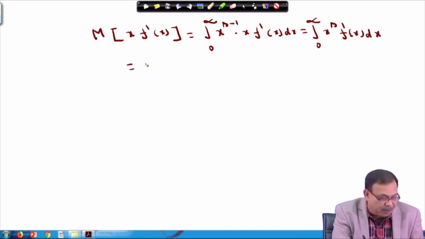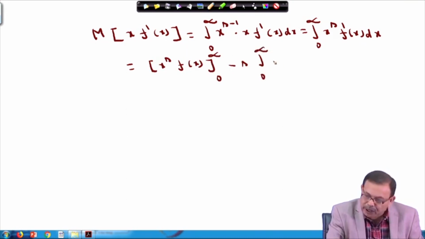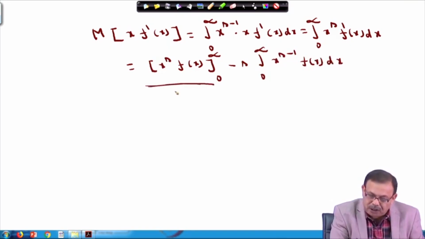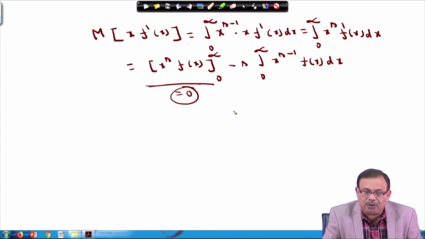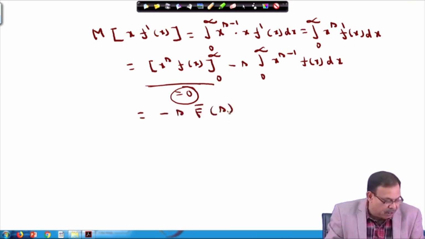If I use integration by parts, this is x to the power s f x from 0 to infinity minus s into the integral from 0 to infinity of x to the power s minus 1 into f x dx. The value of the first term is 0, because it is given that x to the power s f x approaches 0 whenever x approaches 0 or infinity, and this integral is nothing but capital F bar s, that is the Mellin transform of f x. So this equals minus s into f bar s.